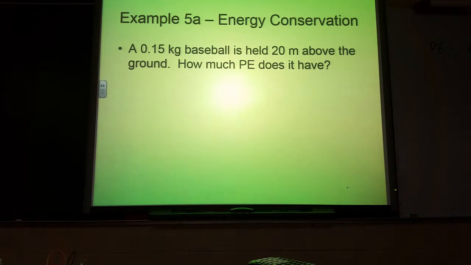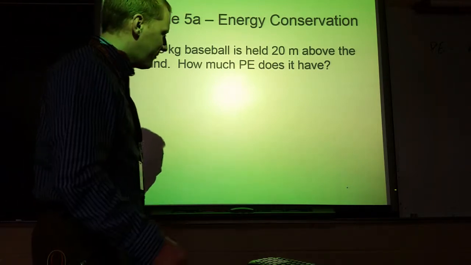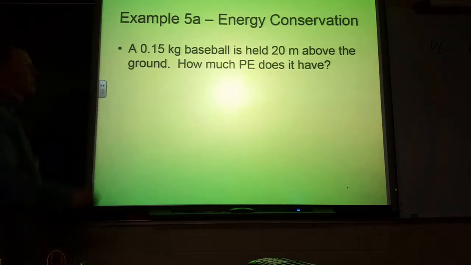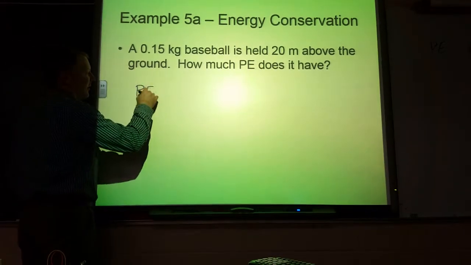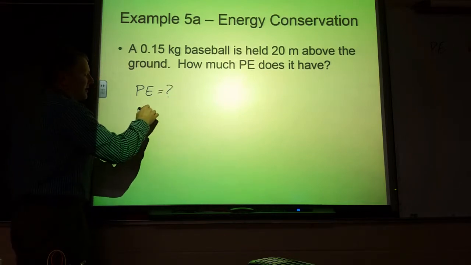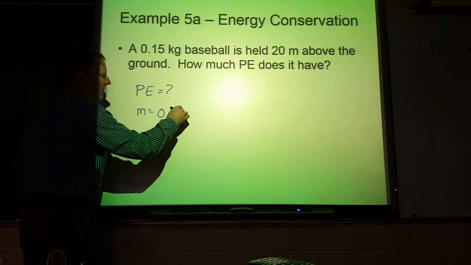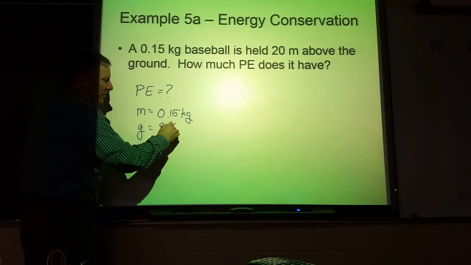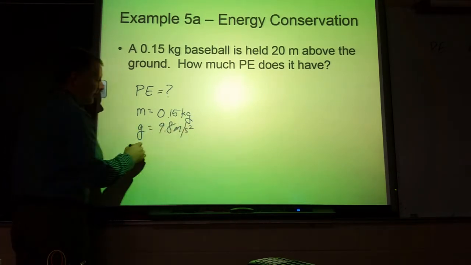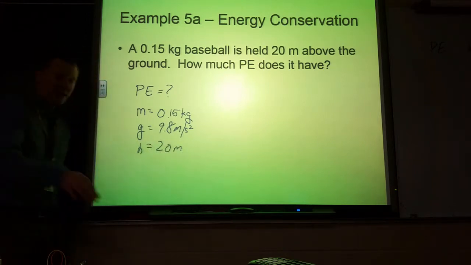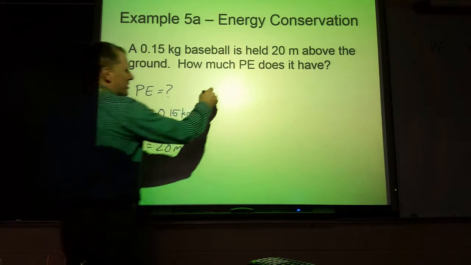Right, now we're going to start looking at changing energy from one form into another. We're going to start with a baseball held 20 meters above the ground and figure out how much potential energy it has. So we know its mass. We know g, 9.8 meters per second squared, and we know its height starts out at 20 meters. So compared to the ground, here's how much potential energy it will have.